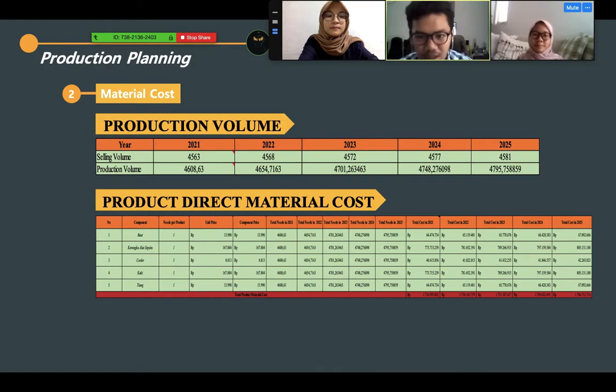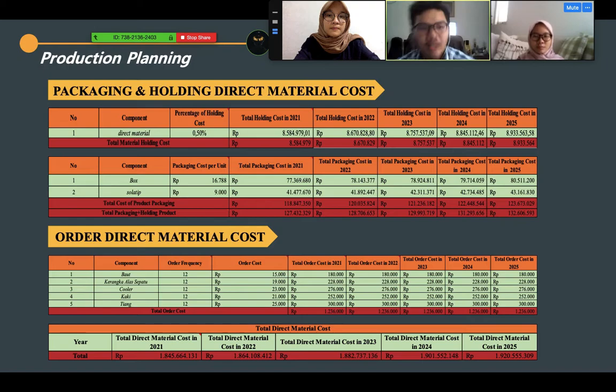For the data, you can see from the table. And this is our packaging and holding direct material cost. There are 3 components there: direct material, box, and plastic. And below there are our order direct material cost.